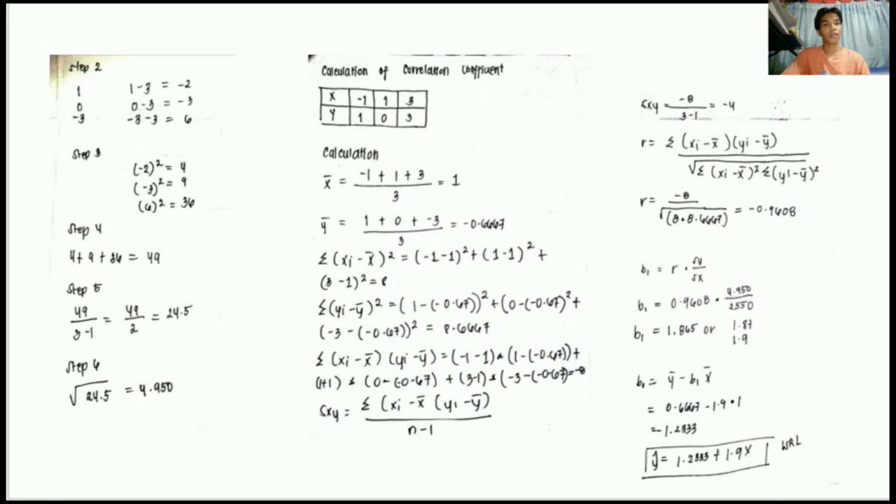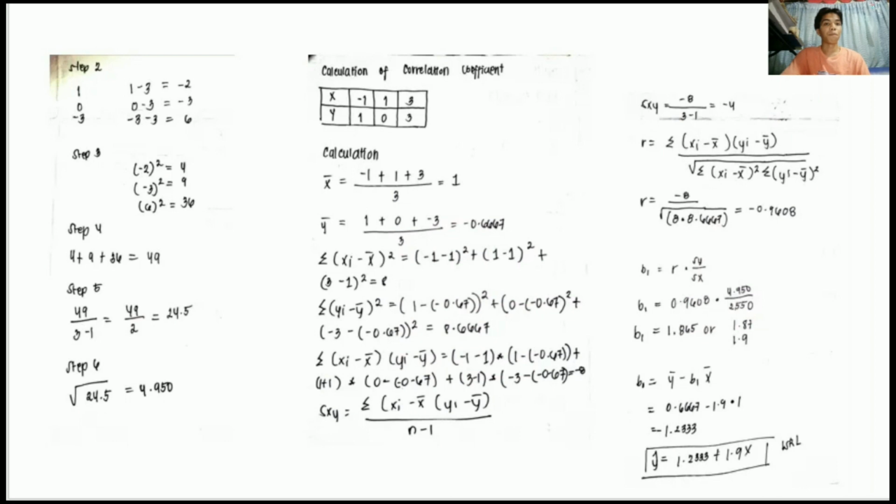After that, we substitute the given values. So r is equal to negative 8 over the square root of 8 times 8.6667, which is equal to negative 0.9608.